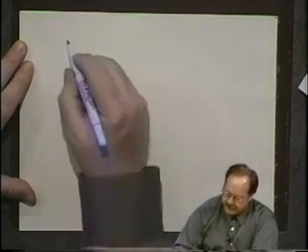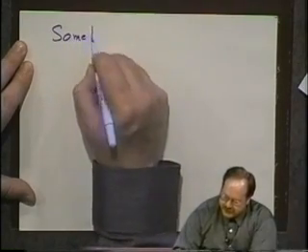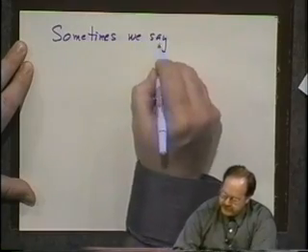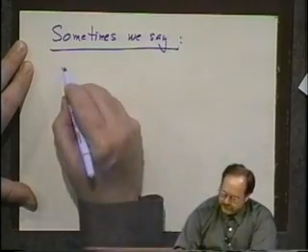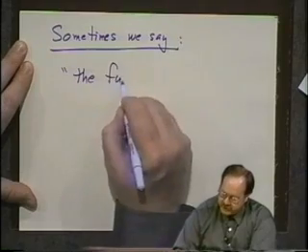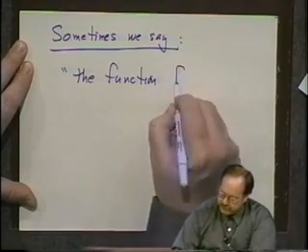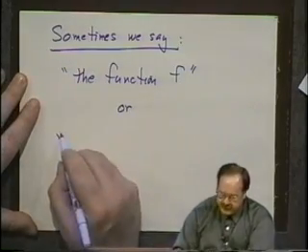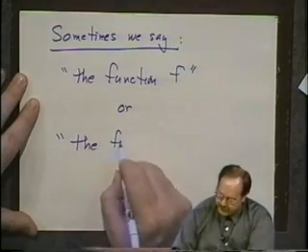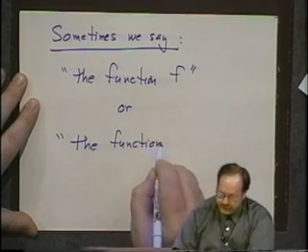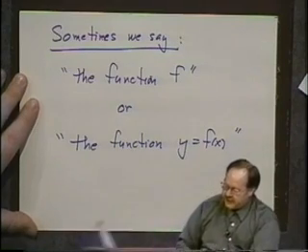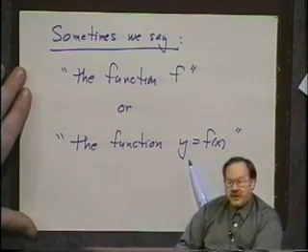Okay. Some other pieces of terminology. Sometimes we say, in quotes, the function f. People will say that. Or sometimes they'll write or say the function y equals f of x. So there's a couple of things going on here.